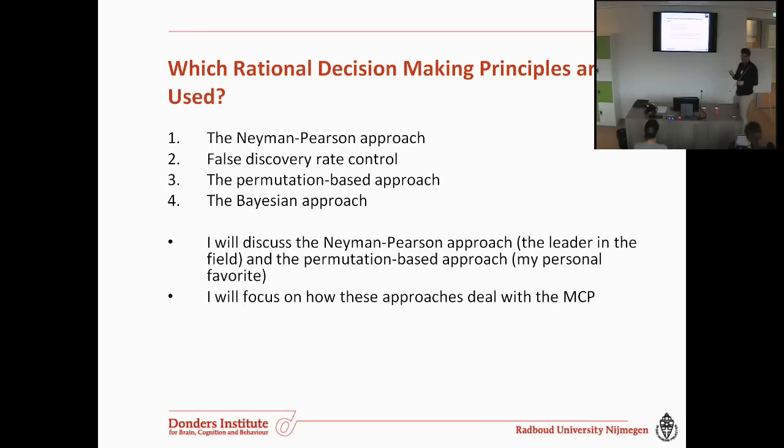All of them are in principle sound, but they might lead to different conclusions. In particular, the Bayesian approach, some of you who are familiar with the ingredients of this approach know that there is a role of the prior distribution for the conclusion that you arrive at.